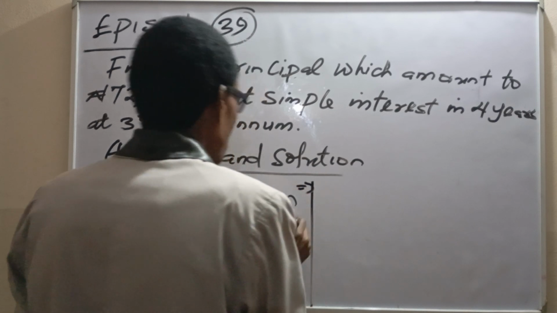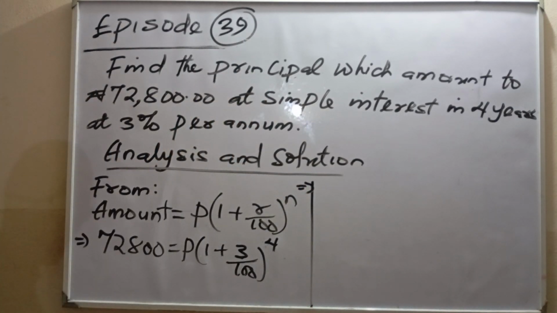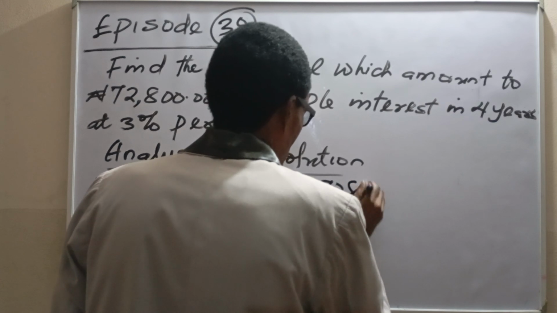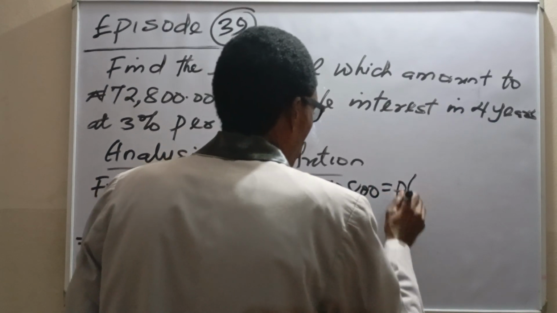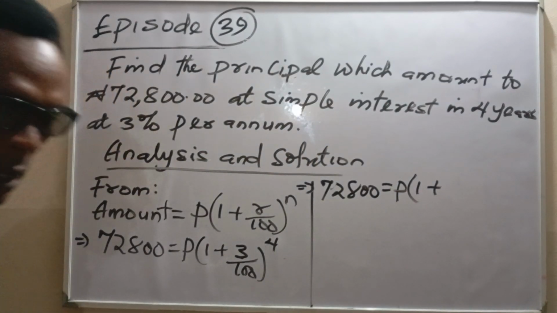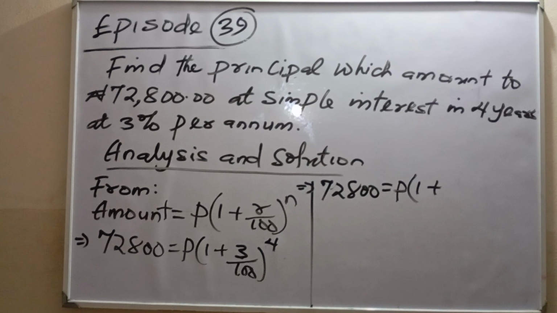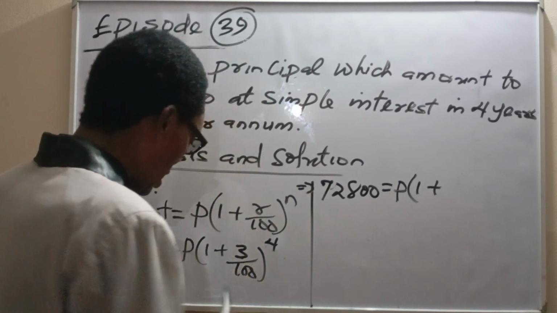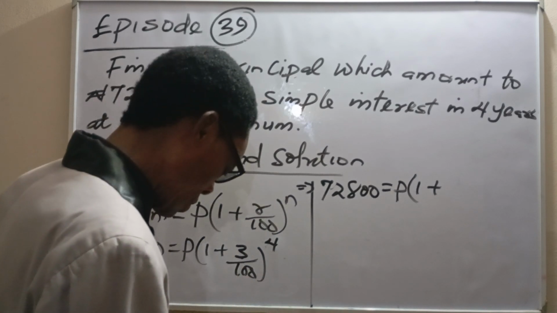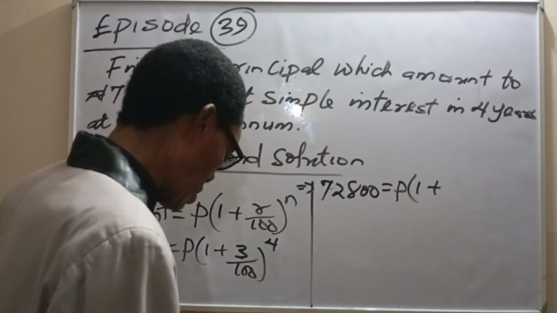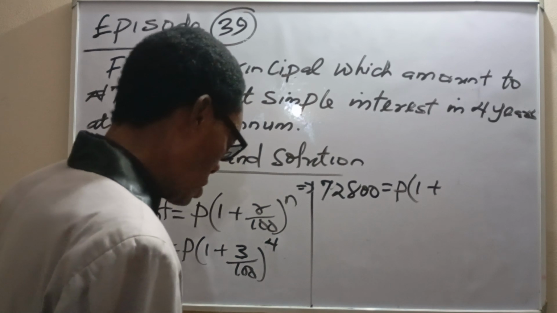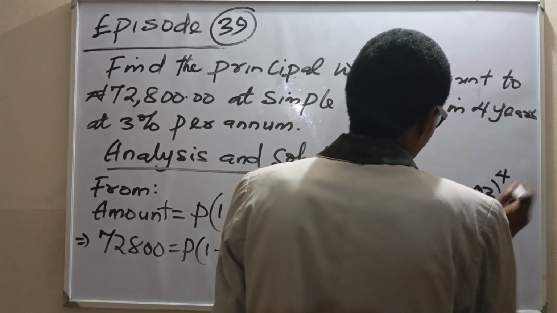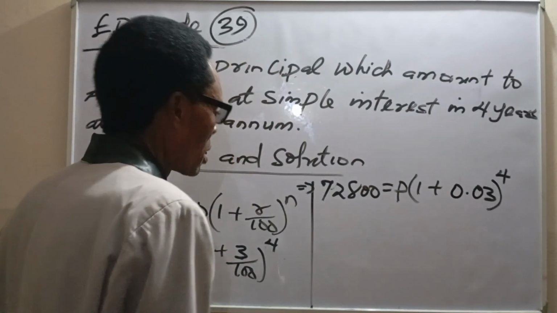Which implies 72,800 equals P, open bracket, 1 plus 3 divided by 100, which is 0.03, raised to the power of 4.